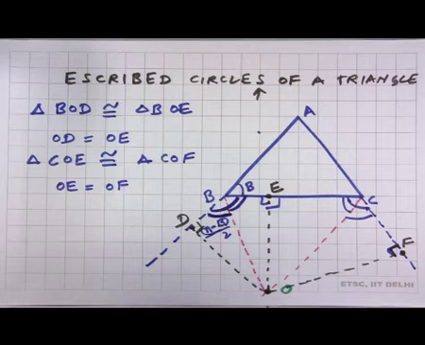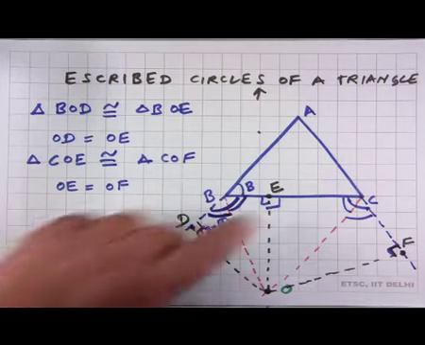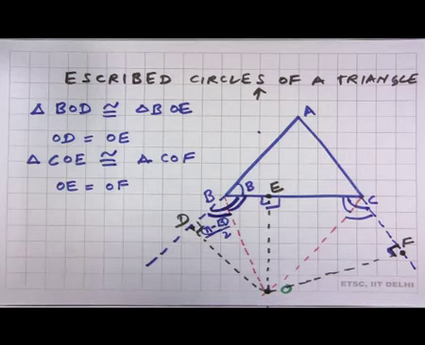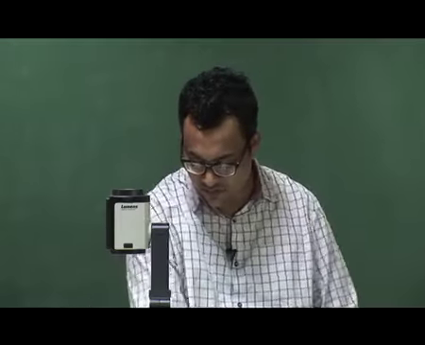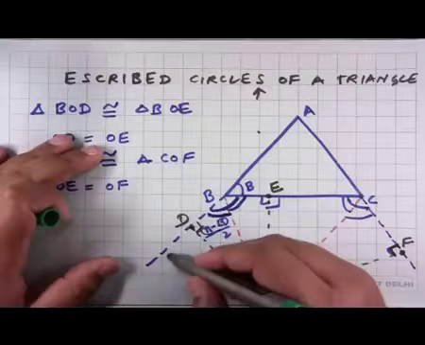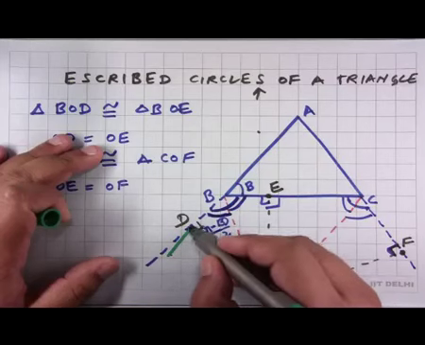it follows that there exists a unique circle such that all these 3 points D, E and F lie on the circumference of that circle. So, let me draw a part of that circle. That circle is most likely something like this.